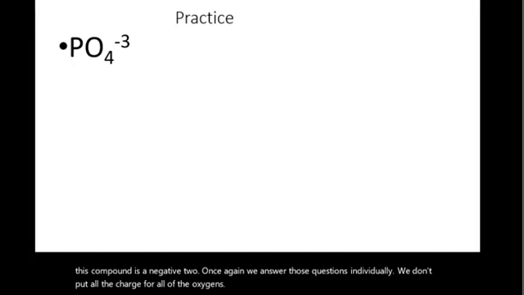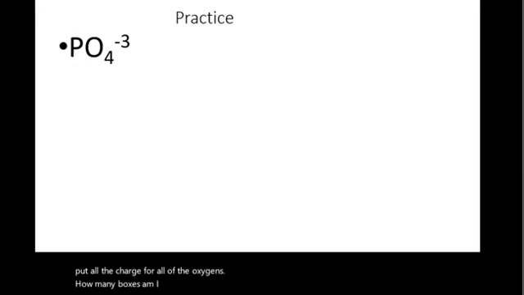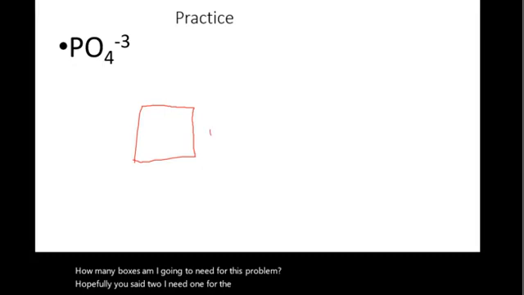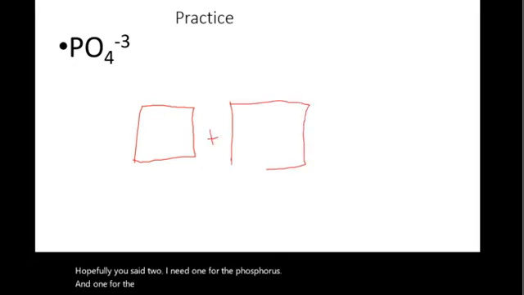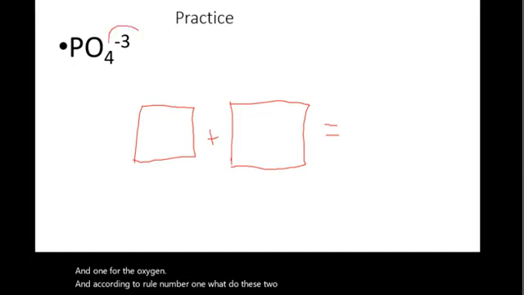So, how many boxes am I going to need for this problem? Hopefully you said 2. I need 1 for the phosphorus and 1 for the oxygen. And according to rule number 1, what do these 2 boxes add up to be? -3.